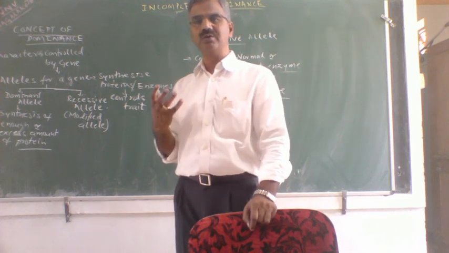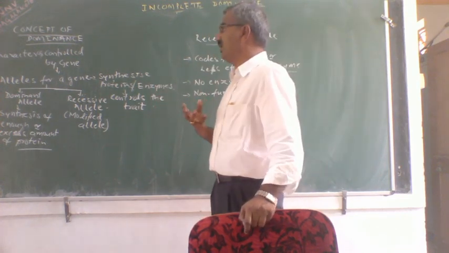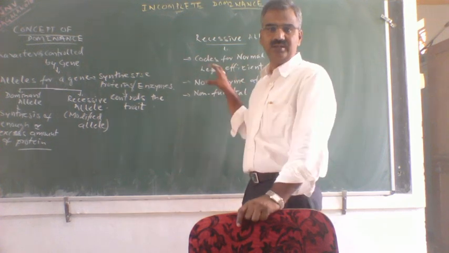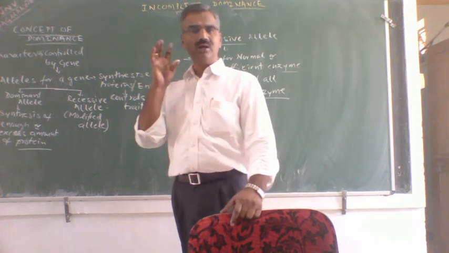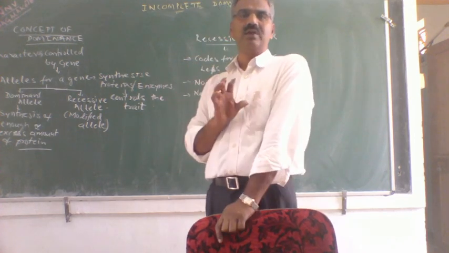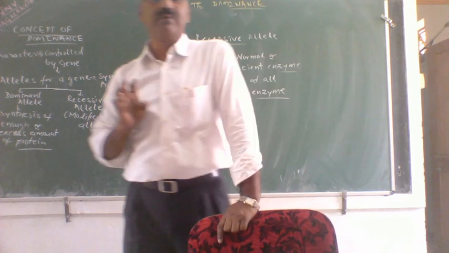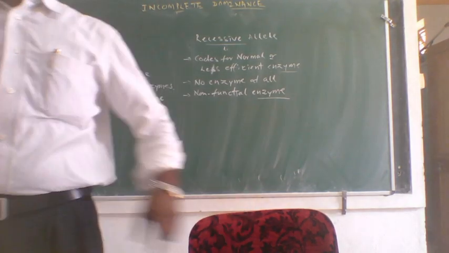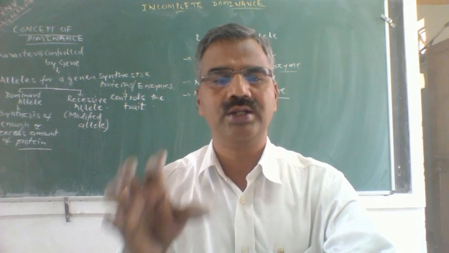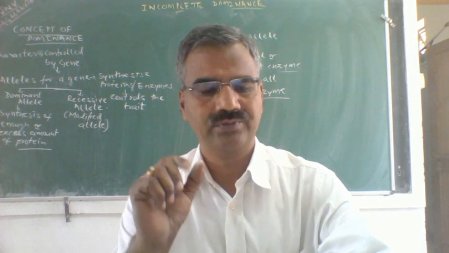Those metabolic processes are going to be controlled because of the enzymes. So this is the concept of dominance. Dominant is the one which is able to produce enough quantity of proteins or enzymes. Any question here?